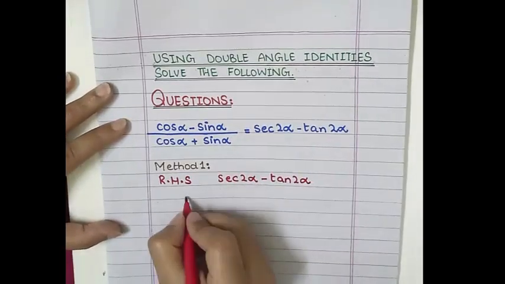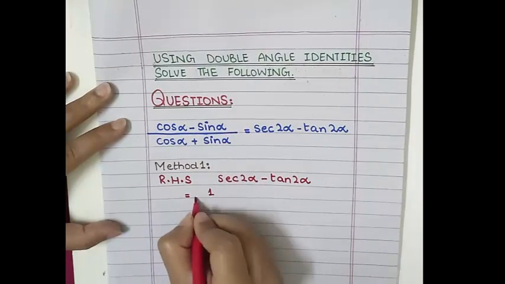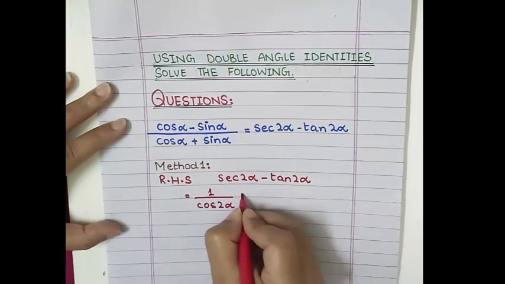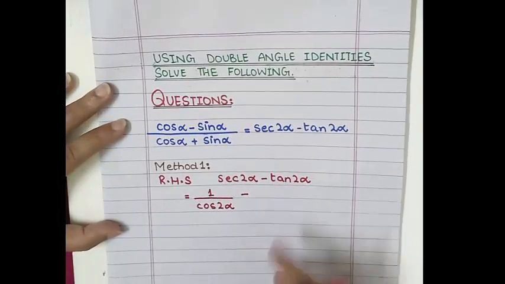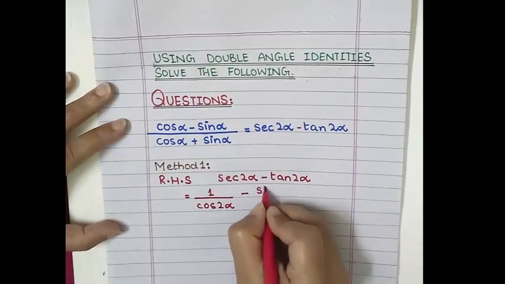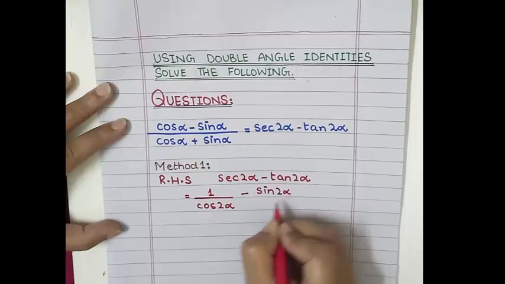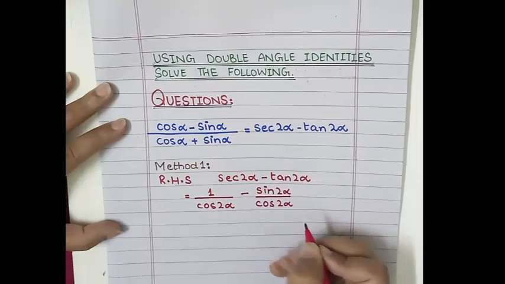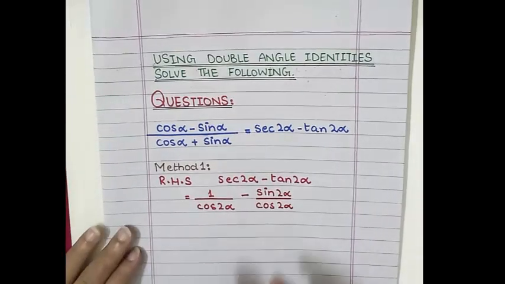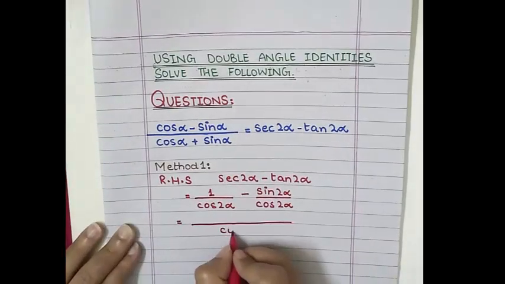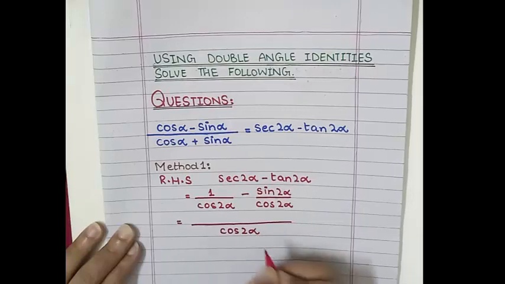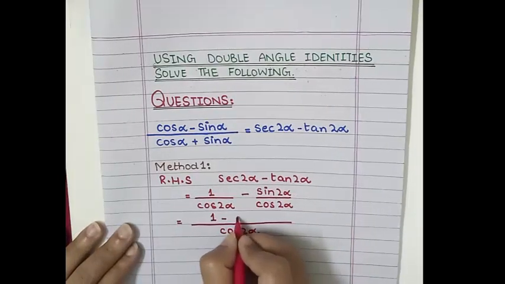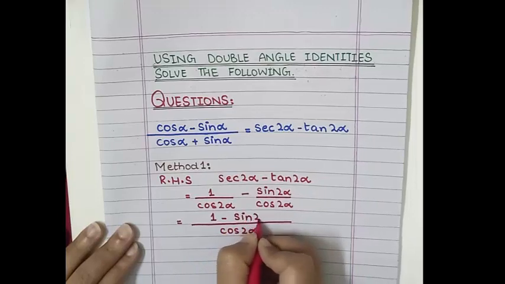Now secant can be written as 1 over cos 2 alpha, and tan 2 alpha can be written as sin 2 alpha over cos 2 alpha. Now taking the LCM, which is cos 2 alpha, we have 1 minus sin 2 alpha.